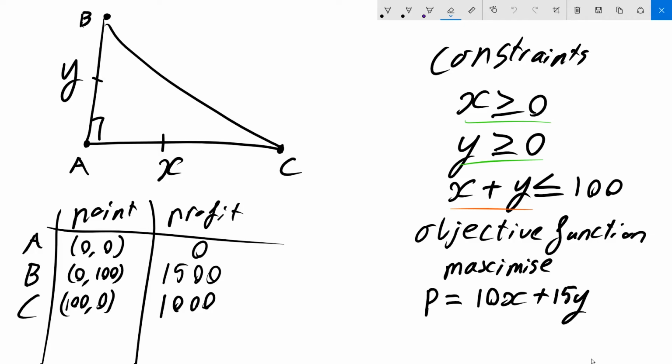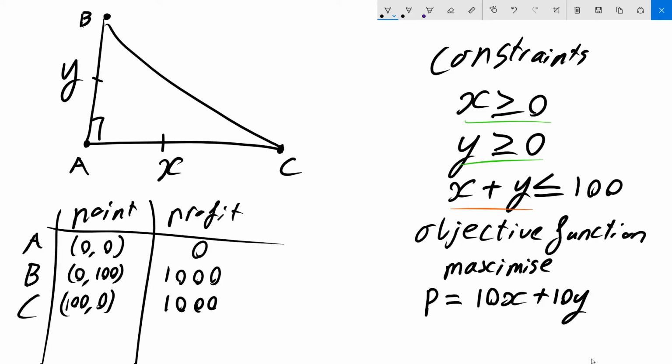Now what if I change the cost of my Y-type paint to $10 instead of 15? Well, now we have a different problem altogether. We still have this triangle, but our profit has changed for B and C. So now they're both going to be $1,000 each.